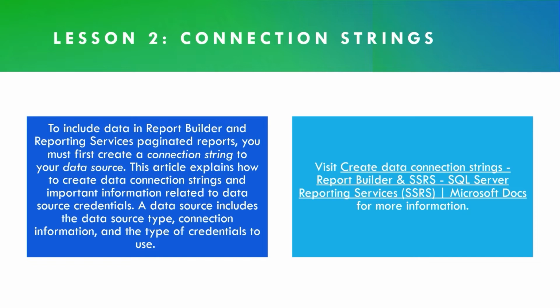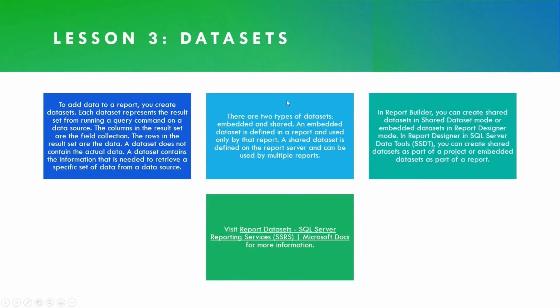But a data source includes the data source type, connection information, and the type of credentials to use. So we're going to be getting to that. We're going to start with data sources, move into setting up our data sources by using connection strings. And then the third lesson in this module, we will be creating our data sets.